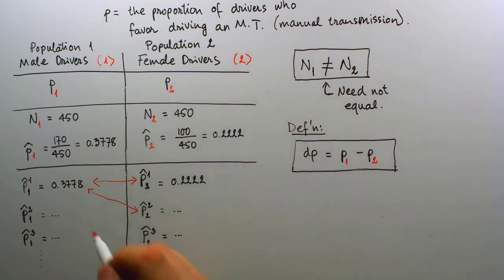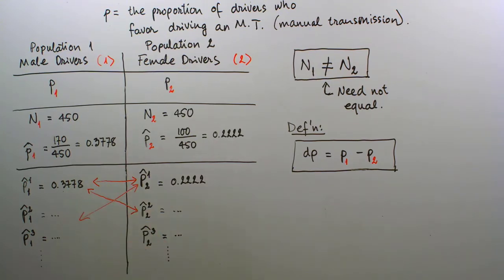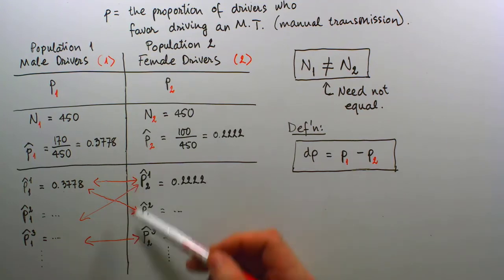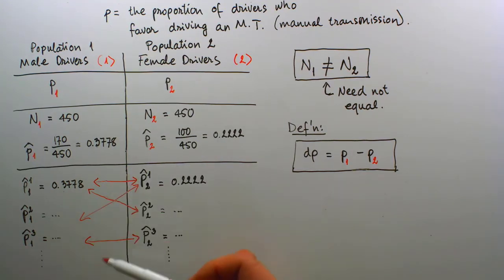And so like that again, I can connect these two samples to create a difference in my two samples, or I can create a line like this connecting these two samples. In this way, all of a sudden we realize we can have infinitely many values where each one of those values is a difference between a sample from population 1 and a sample from population 2.